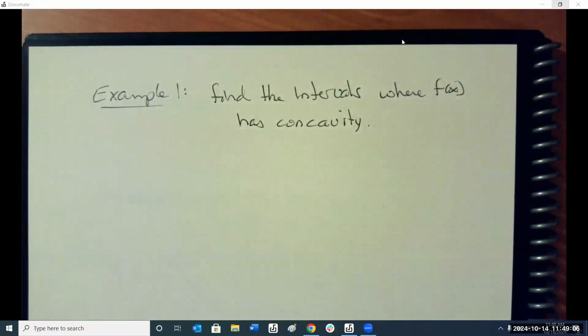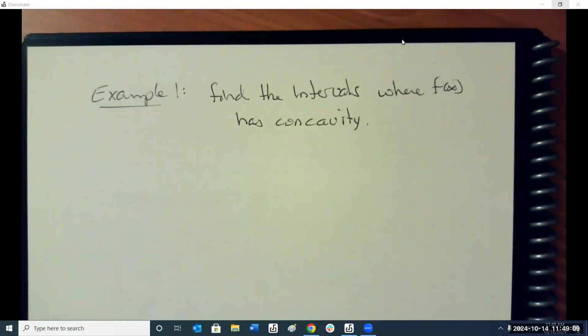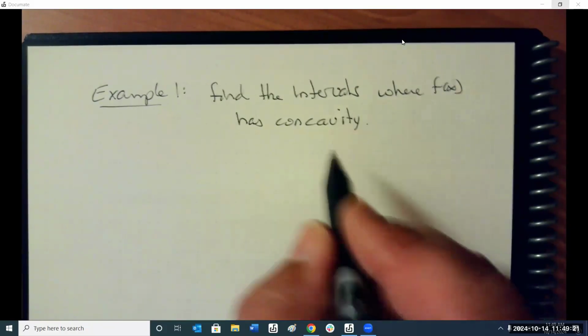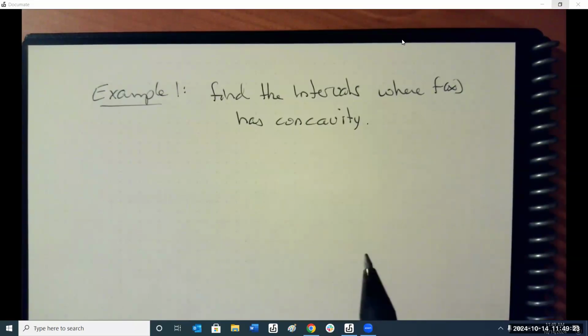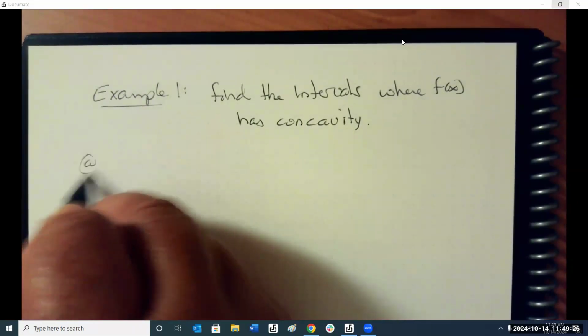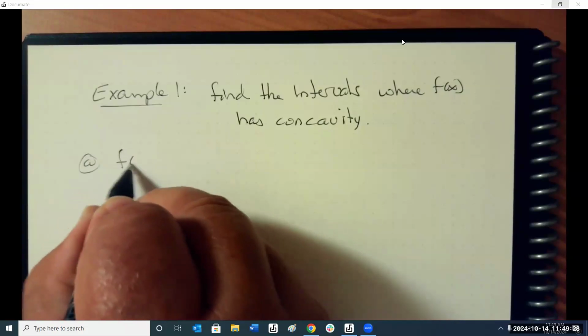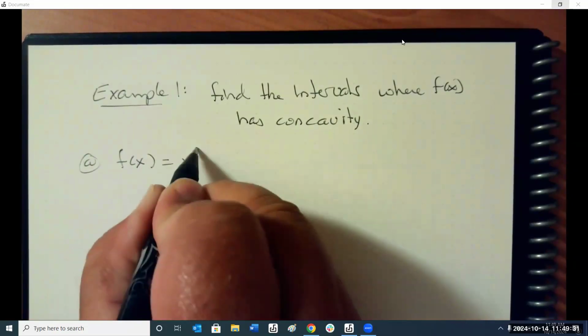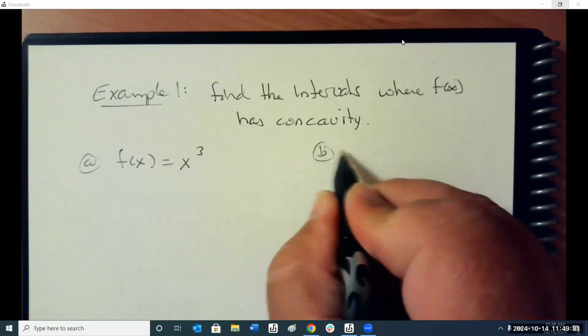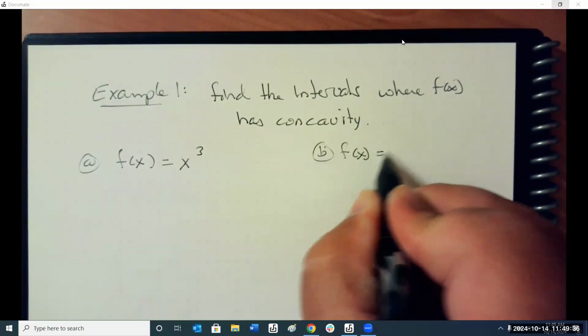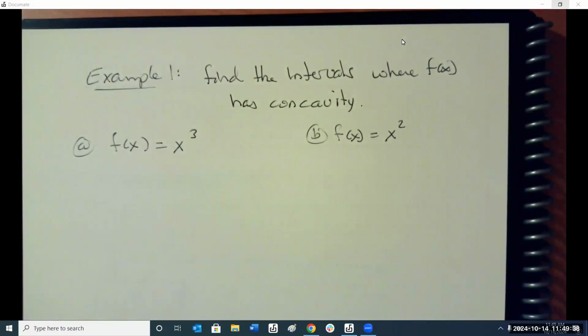Remember, for concavity to exist, you have to be able to take at least two derivatives. You have a coefficient times x, well, the second derivative is 0, but you have to have at least an x squared. So here's A, f of x equals x cubed, and B, f of x equals x squared. Find the concavity.